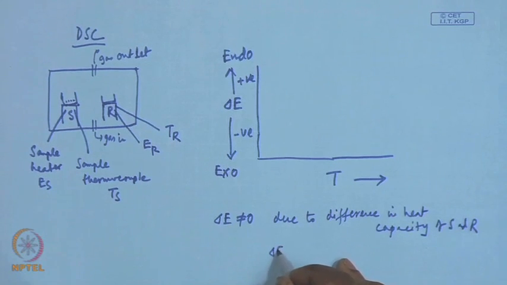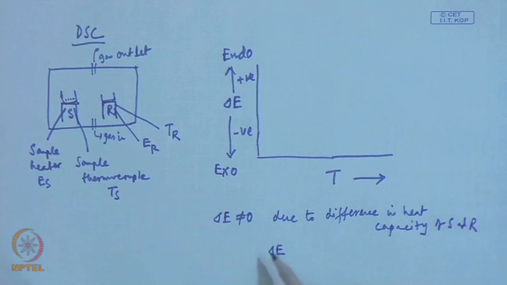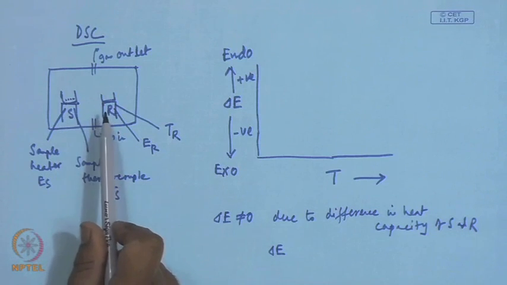So, this delta E is the amount of energy or the heat you have to supply to the sample to keep the sample and the reference temperature the same.